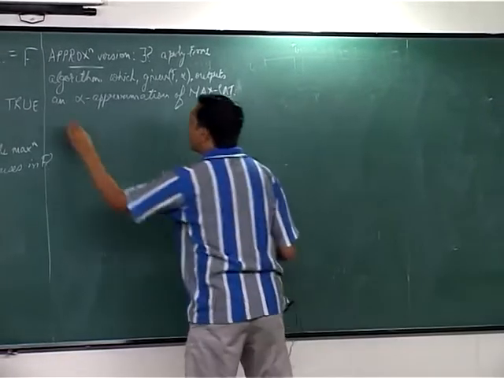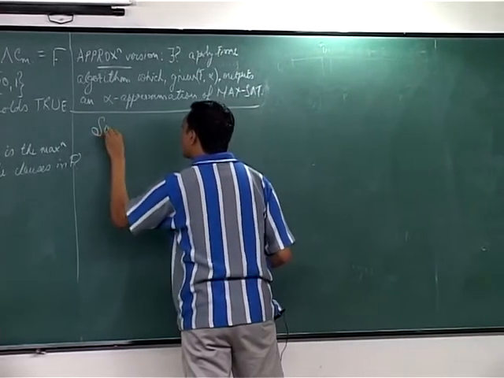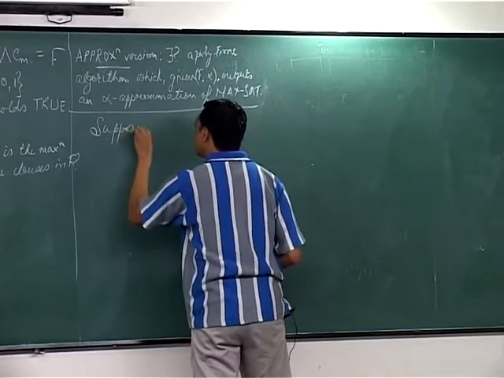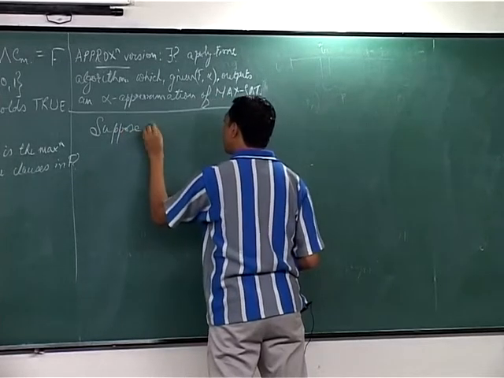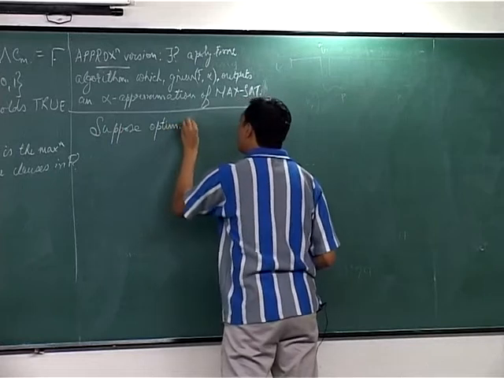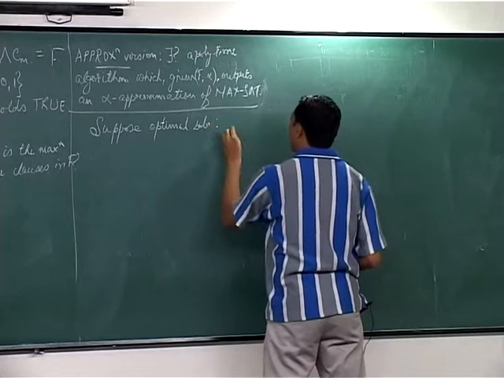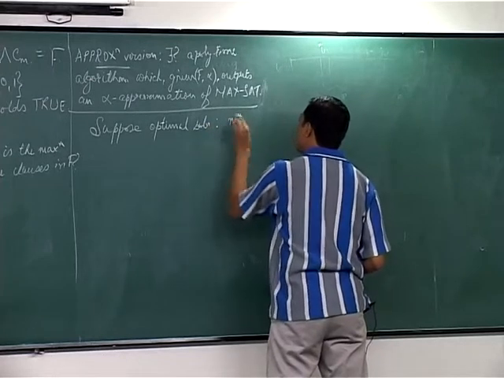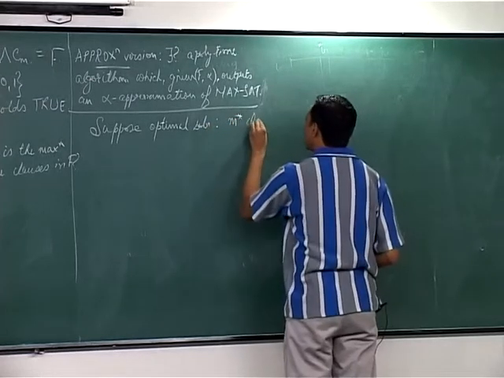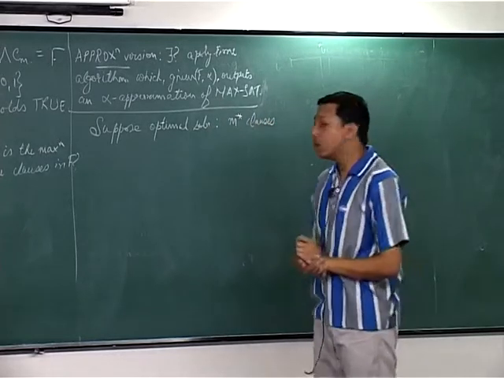Okay. So what this means is, suppose the optimal solution, which is the maximum number of satisfiable clauses, has something like m star clauses. So at best you can hope to satisfy m star clauses.